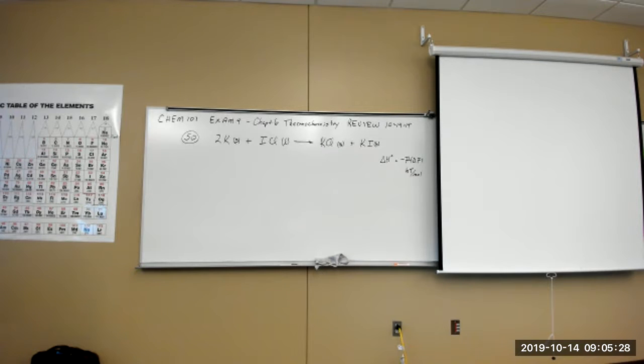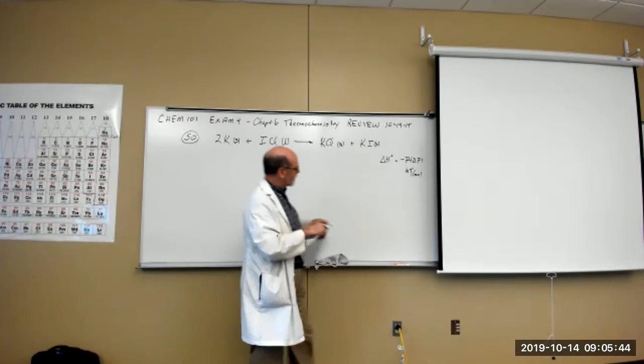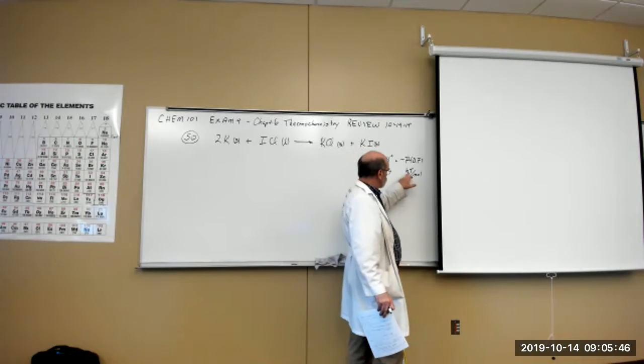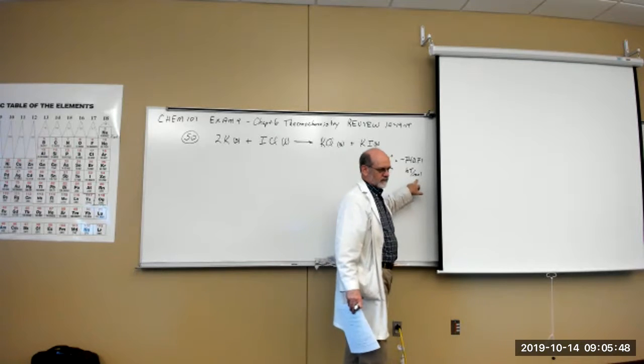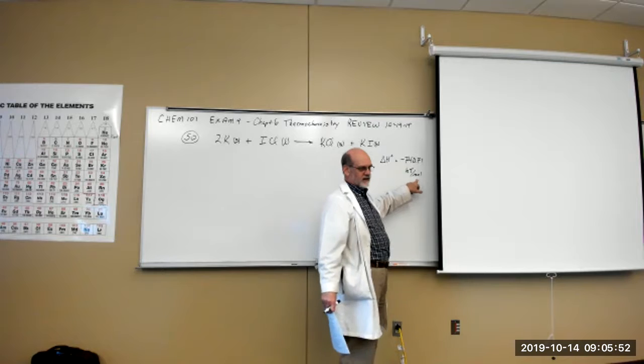Now let me see if I need to explain that. Remember when I said enthalpy for an equation is for the entire equation. Some instructors I've seen like to say per kilojoules per mole of equation. That's a stretch for me.